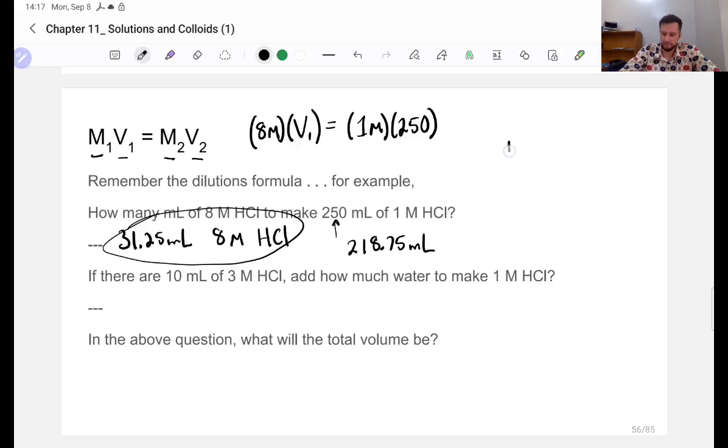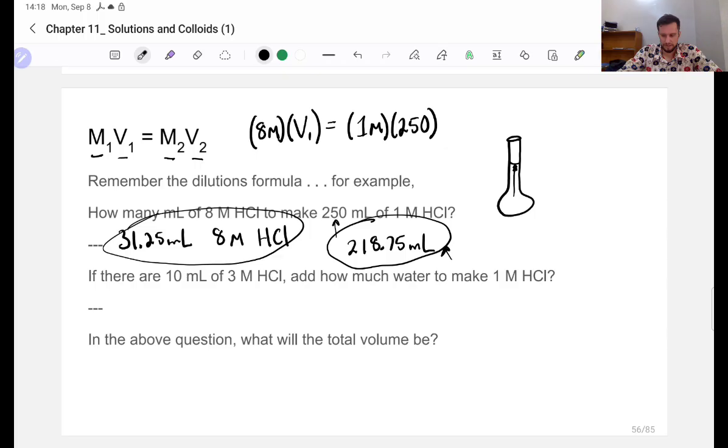And when you use a volumetric flask, you would fill up until you hit the line to get the volume exact, instead of adding a specific amount of water. But if it doesn't really matter, you can just add the water to get it up to the amount that you need.